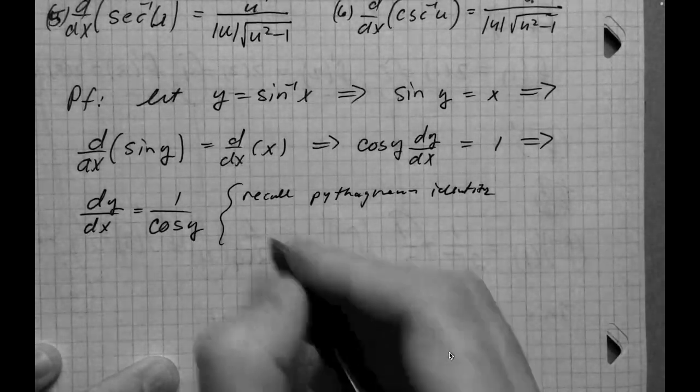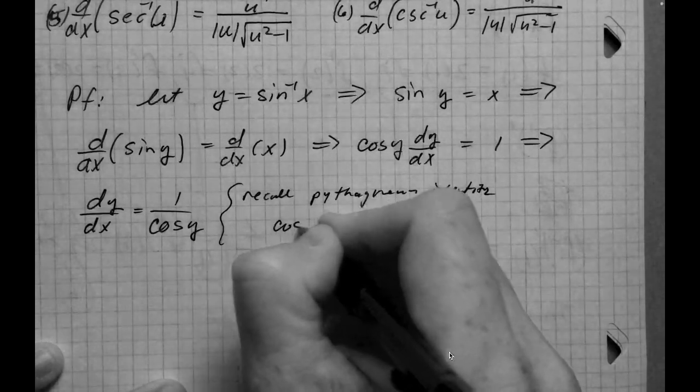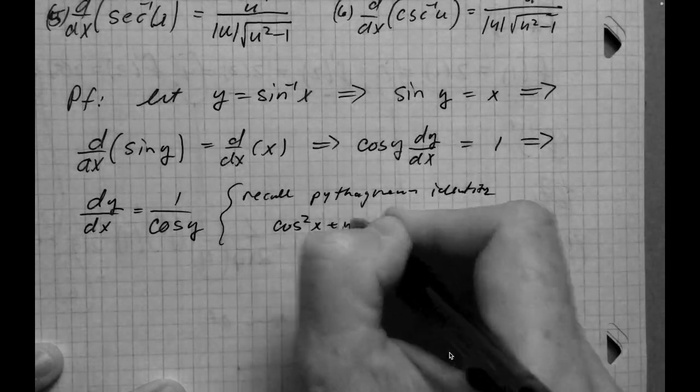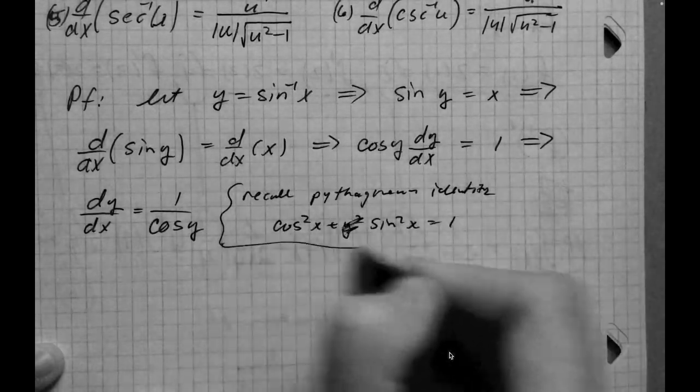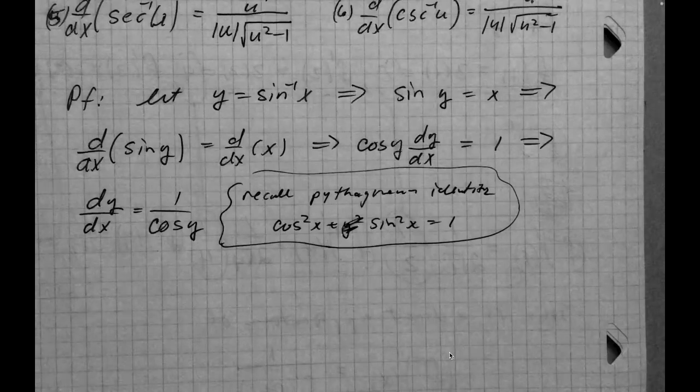The Pythagorean identity says that cosine squared x plus sine squared x equals 1. So recall that.